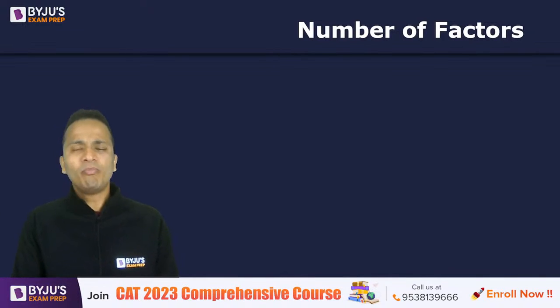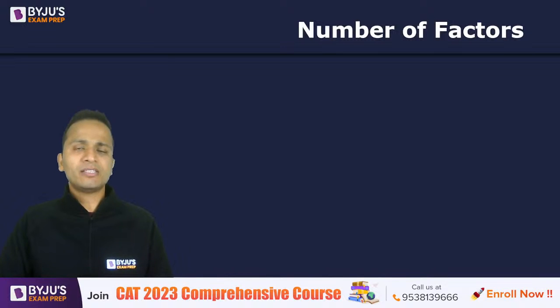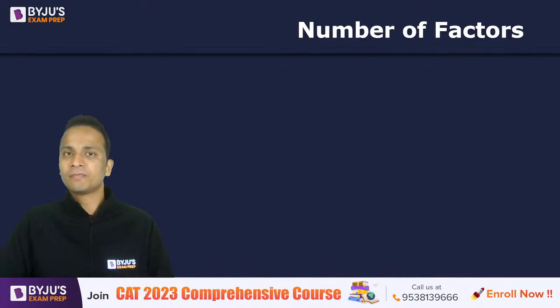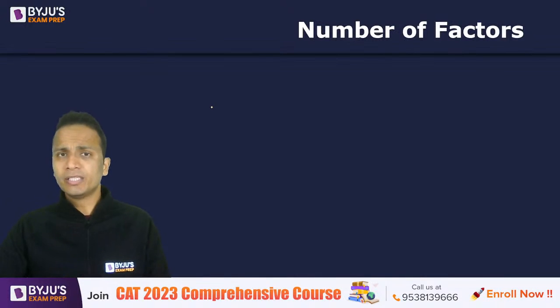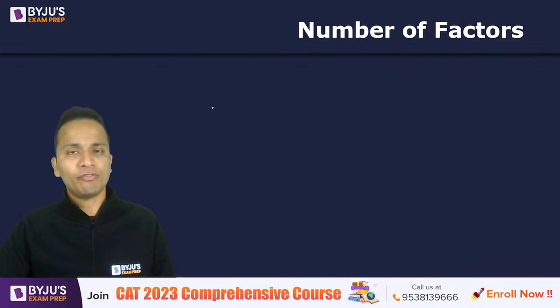Obviously, if the number is big, then it will be slightly difficult to write all the factors. It may happen that we miss writing some of the factors. Now, the agenda is to find out the number of factors of any number. So let's see a perfect way of doing this so that we will not miss counting any factor of a number.